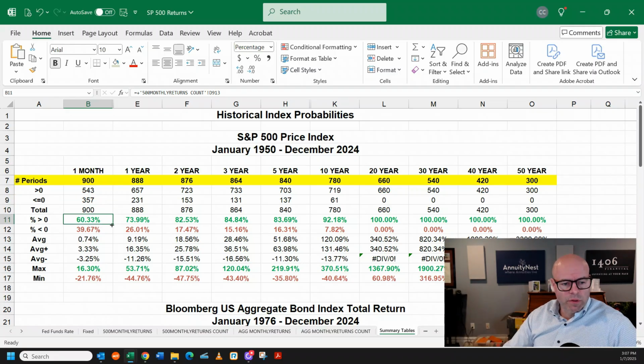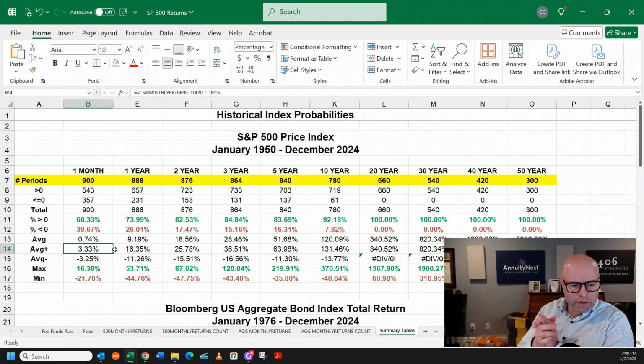So 60.33% of the time, every month, the S&P 500 historically has gone up, and 40% of the time it's gone down. The average return has been 0.74. When it's been positive, the average positive month is 3.33%, and when it's negative, the average negative month is negative 3.25.